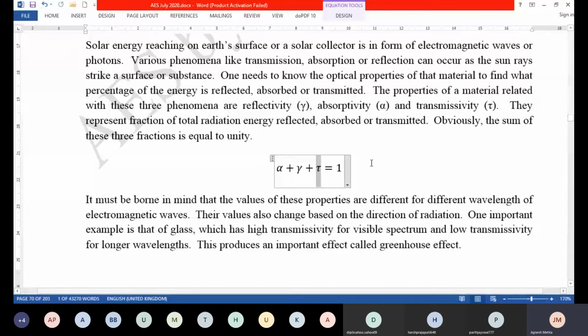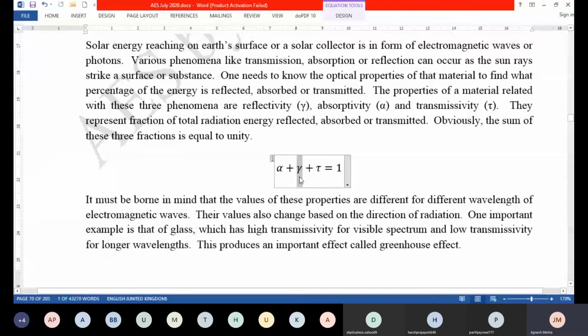Let's say you are talking about some glass material. So in that case, your transmissivity is, let's say, 90%, and 5% absorptivity and 5% reflectivity. It means that out of the total radiation striking that glass surface, it allows 90% of it to pass through it. It absorbs 5% of that, and what it absorbs gets converted into heat, right?